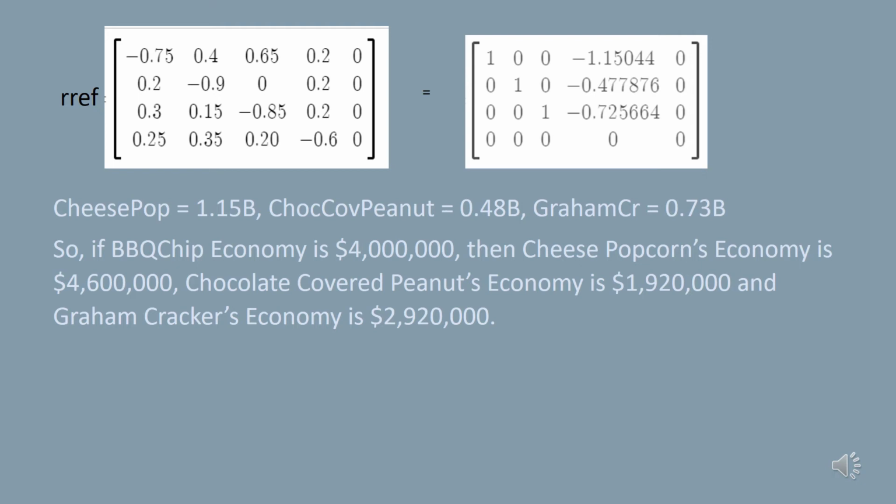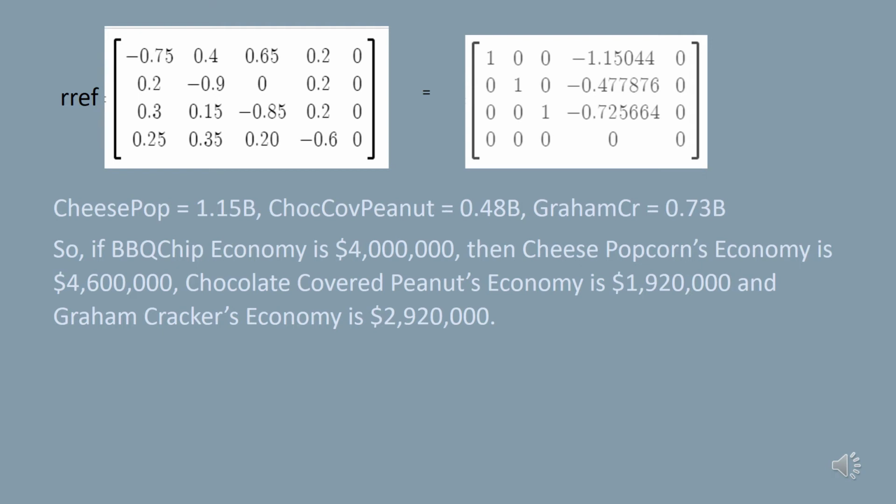The second row is P minus 0.477876B equals 0. And then 1G minus 0.725664B equals 0. So all three of the variables, cheese popcorn, chocolate-covered peanuts, graham crackers, are written in terms of barbecue potato chips.